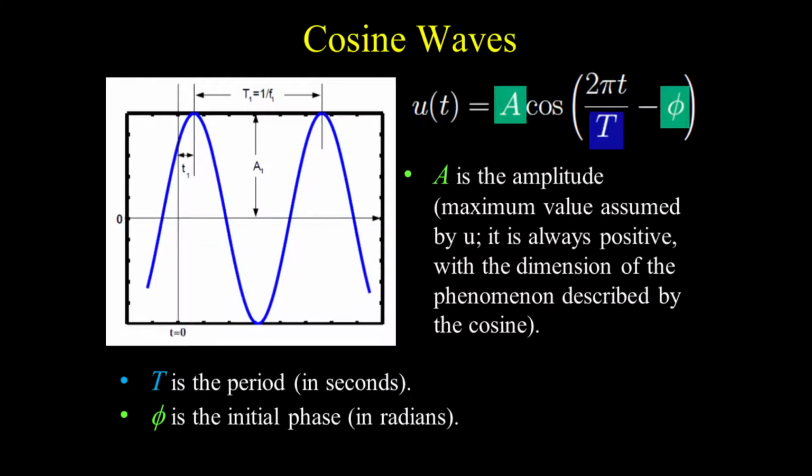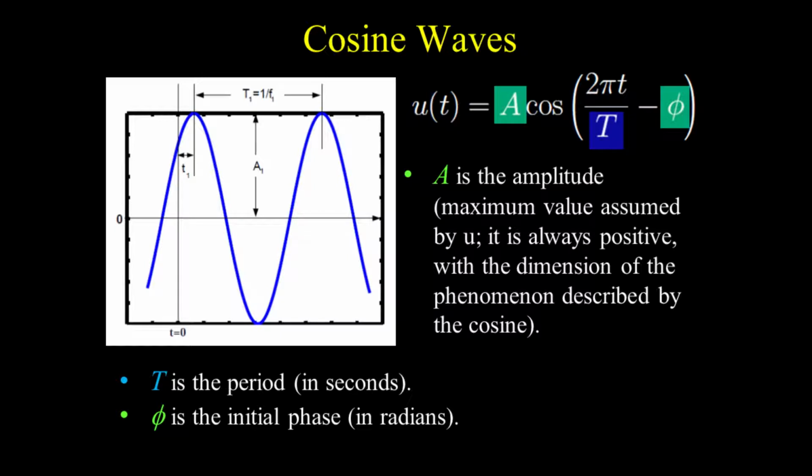The cosine wave signal can be mathematically described as follows: u(t) = A cos(2πt/T − φ). An example of a cosine wave signal is shown here.